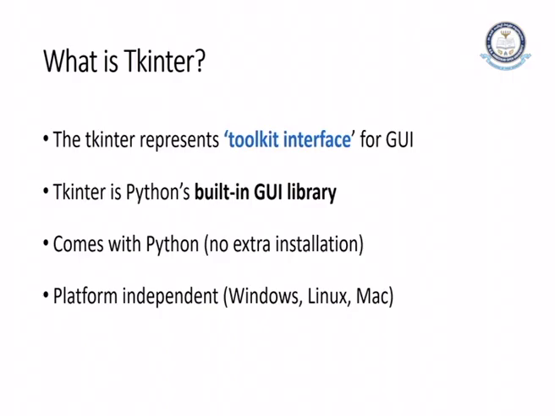The next important point is that this is a built-in GUI library. The meaning of that is you need not install it separately. Suppose you have other libraries like pandas, matplotlib, you need to install them separately by using the pip command. But coming to Tkinter, it is already built in with the Python programming language. That is why no extra installation is needed.